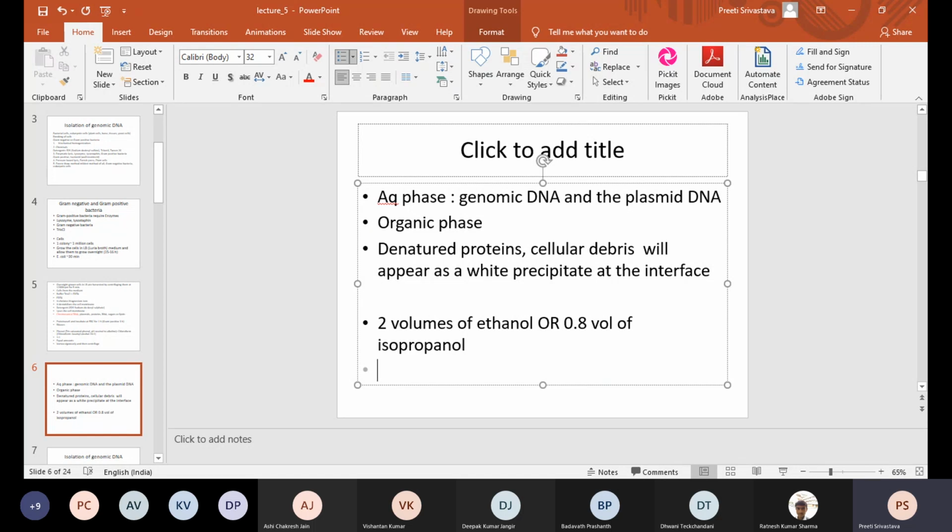They will appear as white strands and be very slimy, like Maggi noodles. You can pick it with a tip, the way you swirl noodles around with a fork.